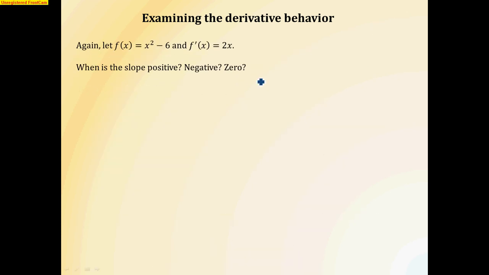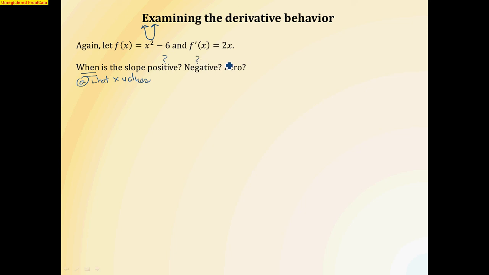So, when I look at this parabola and I ask you not at a specific x, but can you tell me when the slope would be positive? At what x values are the slopes positive?